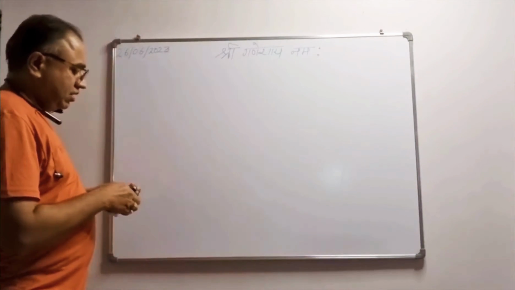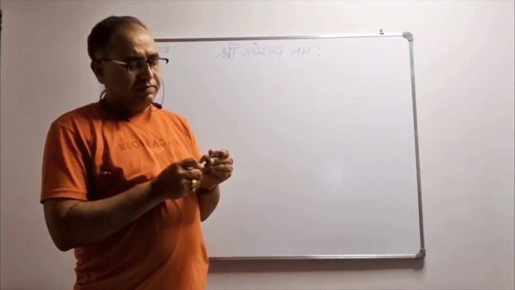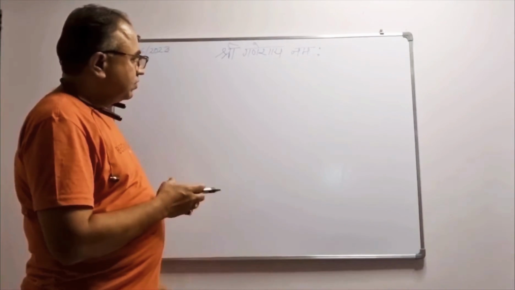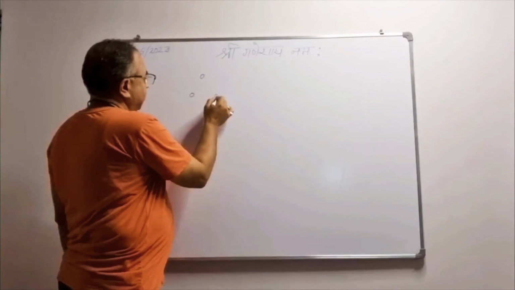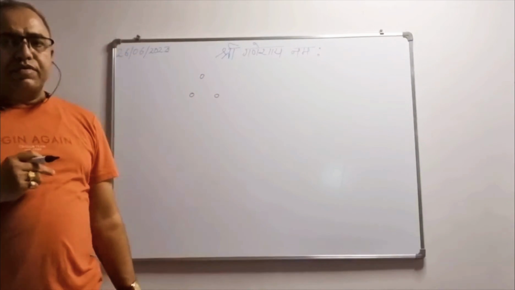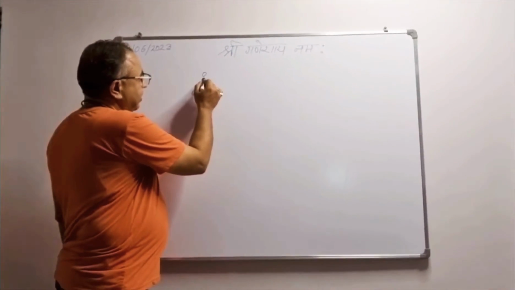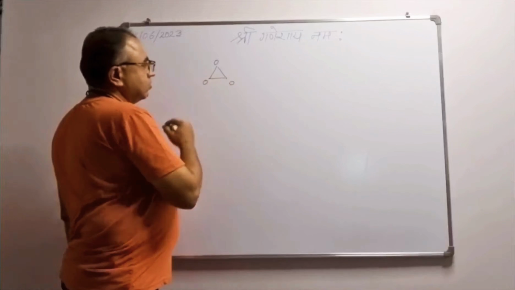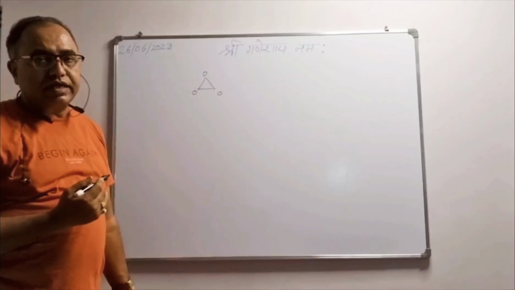For example, if I ask you to arrange something, say I give you three entries, three examples. I ask you to arrange them in the form of a rectangle. You can see at present they are in the shape of a triangle. Can you arrange them in the form of a rectangle?